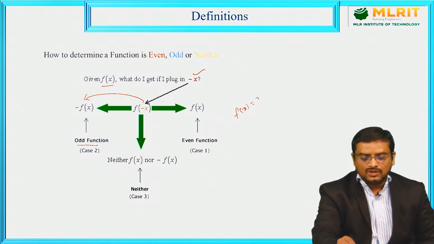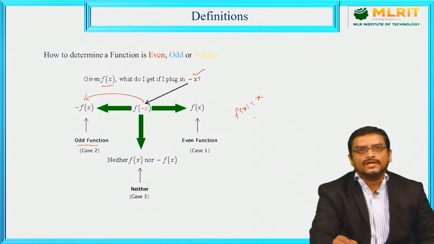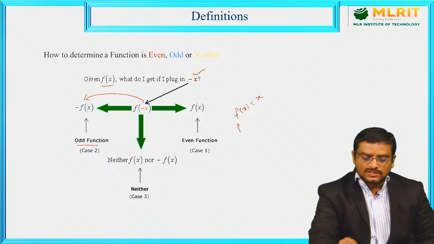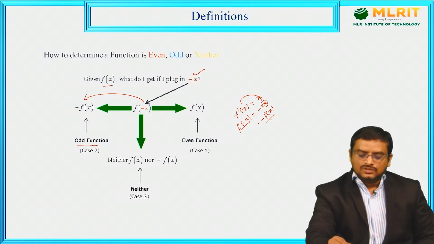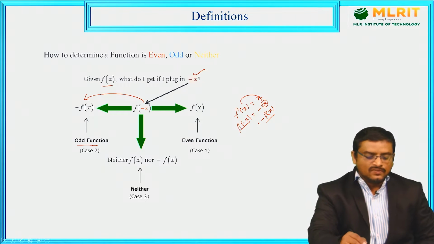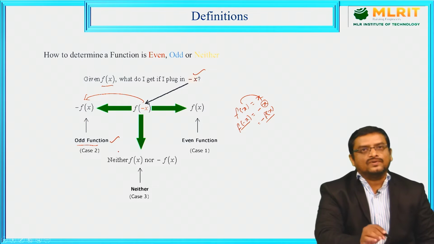Replace x with minus x: f of minus x is equal to minus x, which is minus f of x. Whenever the condition f of minus x is equal to minus f of x is satisfied, we can say that the given function is an odd function.